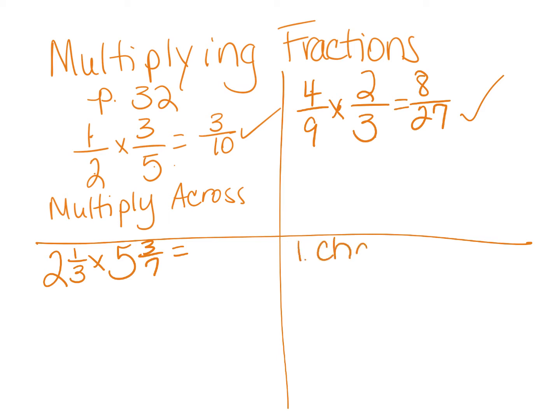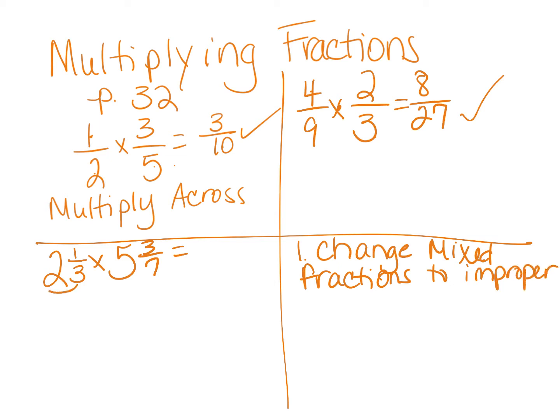Make sure you're taking notes: change mixed fractions to improper. Remember, you're going to multiply and then add. So 3 times 2 is 6, plus 1 is 7. Denominator stays the same. 7 times 5 is 35, plus 3 more is 38 over 7.